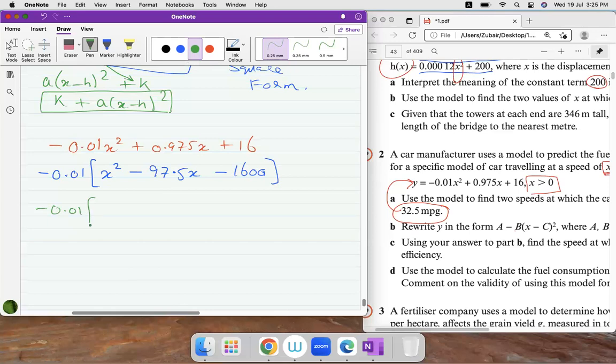For second step, what do we do? We choose the coefficient of x, we divide it by 2, and then we add the square and subtract the square. So 97.5 divided by 2 is 48.75.